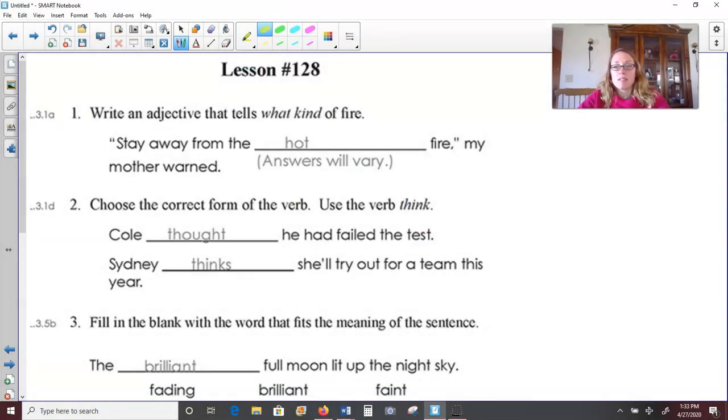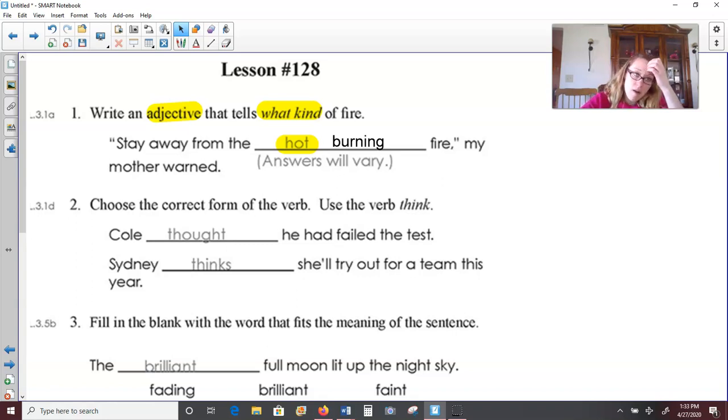Number 1 says to write an adjective that tells what kind of fire. Stay away from the blank fire, my mother warned. Stay away from the hot fire. That might be a common word to describe the fire. You might say stay away from the burning fire. Burning is describing the fire.